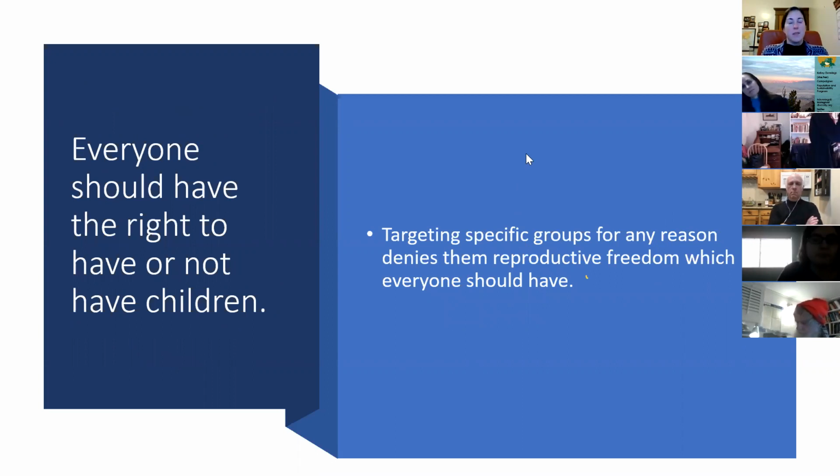And I've said it before, but it bears repeating. Everyone should have the right to have or not have children. We do not want to target specific groups for any reason, because that denies them reproductive freedom, which everyone should have. And when we see population growth as such an urgent issue with the environment, it sometimes can be easy to disregard that family planning is a very personal and emotional decision, and we need to always treat that with respect.